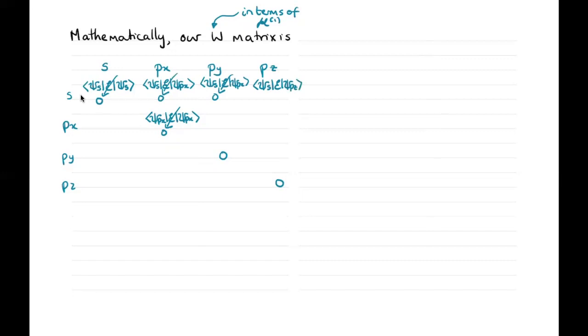So this term survives, whereas all other terms except psi pz times the electric field along z times psi s are 0.